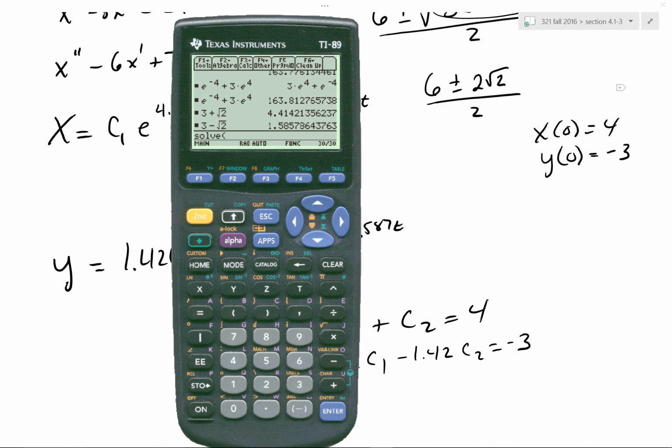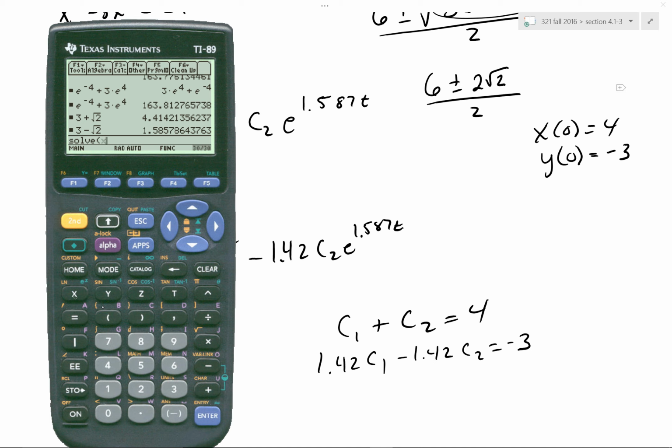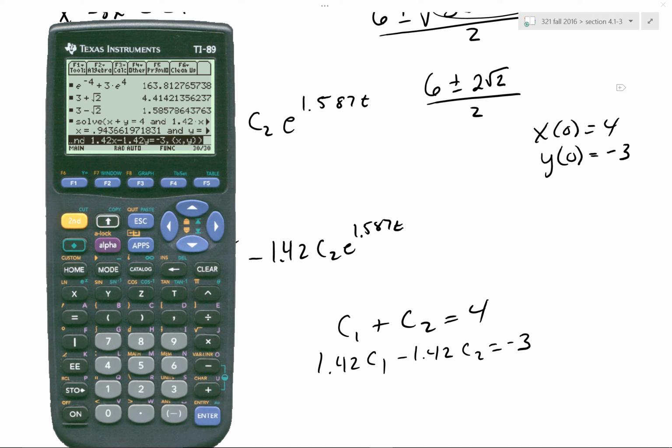So solve. Again, I'm just going to use x plus y because they're on their own deals there. It's easy. 1.42x minus 1.42y equals negative 3, comma, squiggly brackets x, comma, y, squiggly brackets, parentheses, done. Bam. So c1 is 0.94.